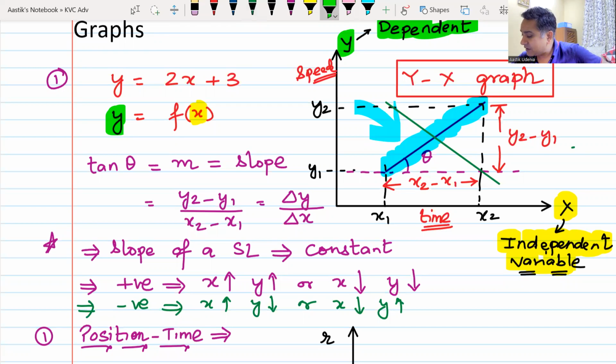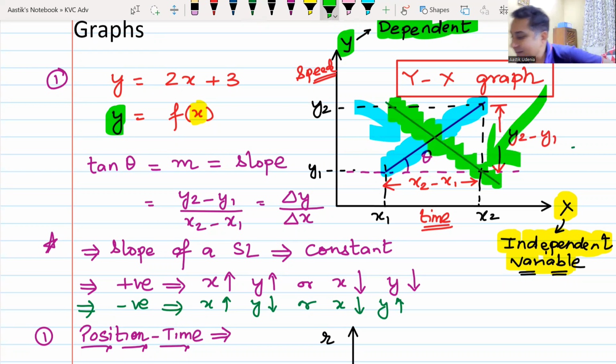If I draw it on the same graph, the green one, I hope you can see this green line. This green line, as you can see, is a decreasing slope. Its x is increasing, y is decreasing. So this graph is a graph with negative slope.